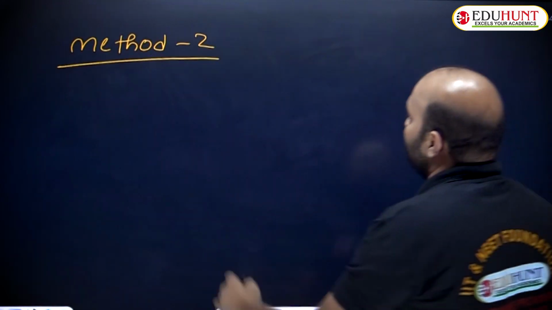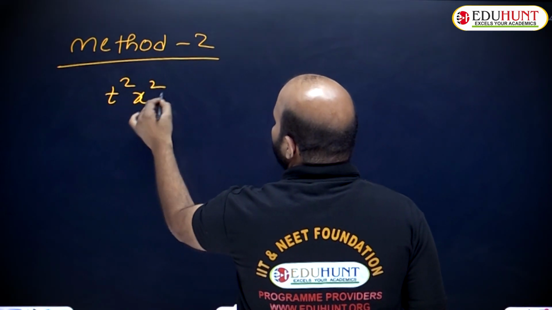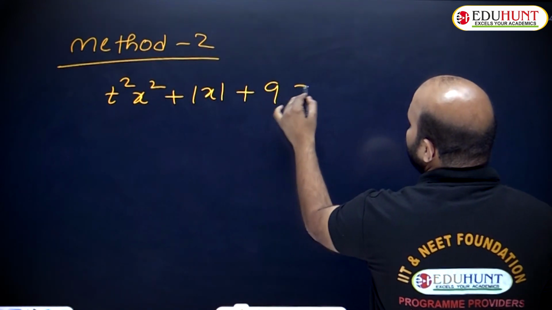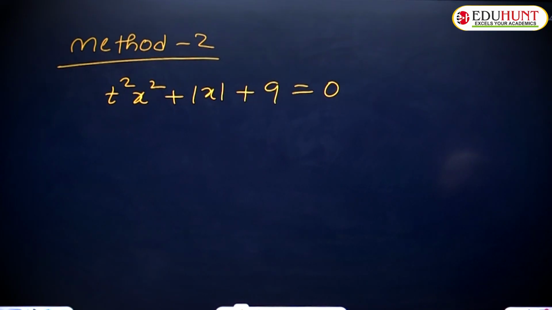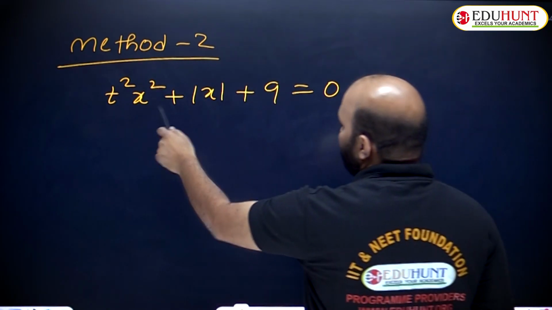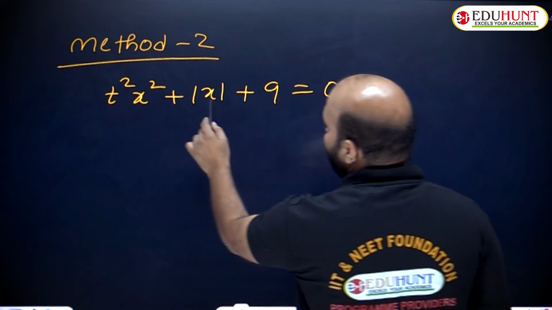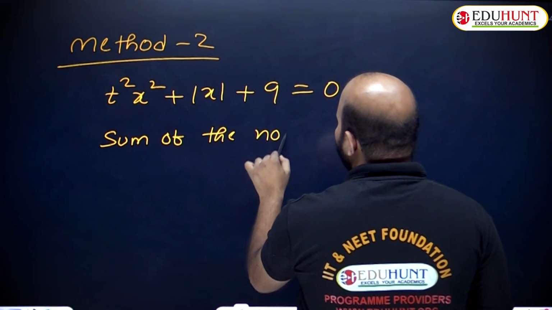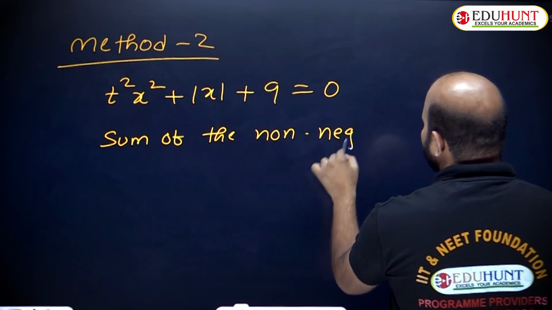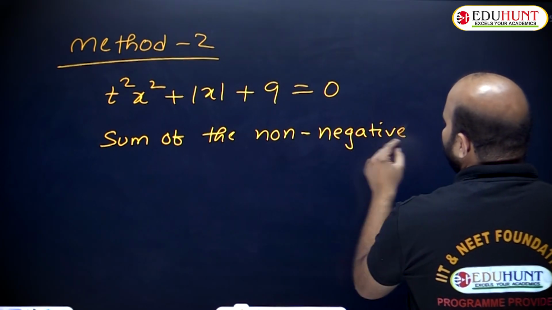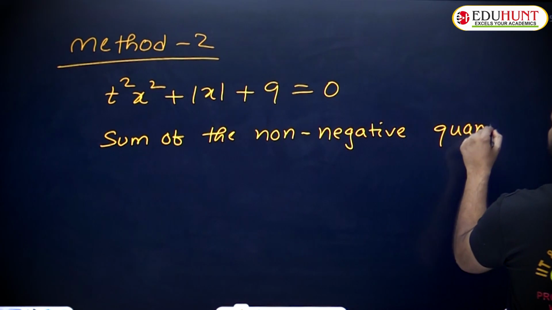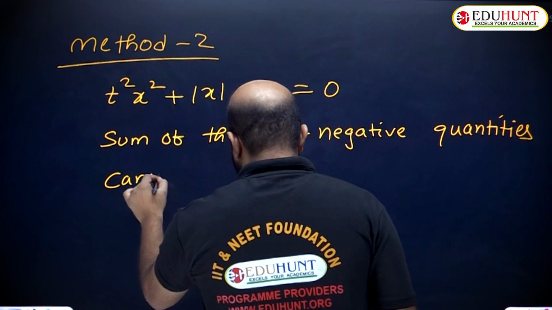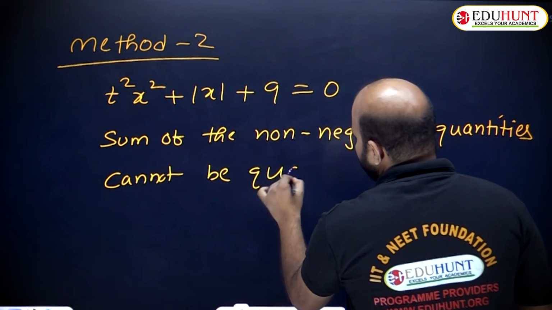Given the quadratic equation t square x square plus mod x plus 9 equals 0, clearly we need to understand these are non-negative quantities. The sum of the non-negative quantities cannot be equal to 0.